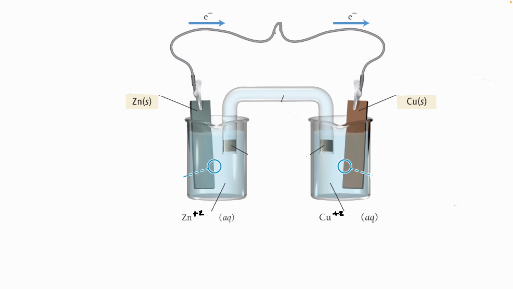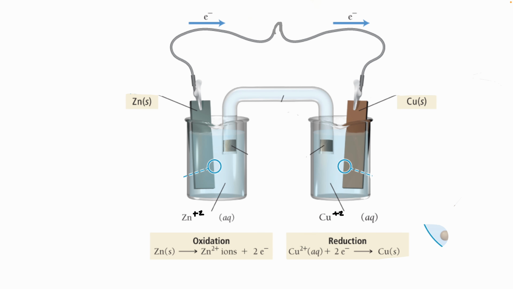So in one half of our battery, in one of these chambers, we have our oxidation half reaction occurring. We have our zinc losing electrons. Where do those electrons go? Again, they're going to make their way through this wire to our other terminal of our battery, where our reduction half reaction takes place.